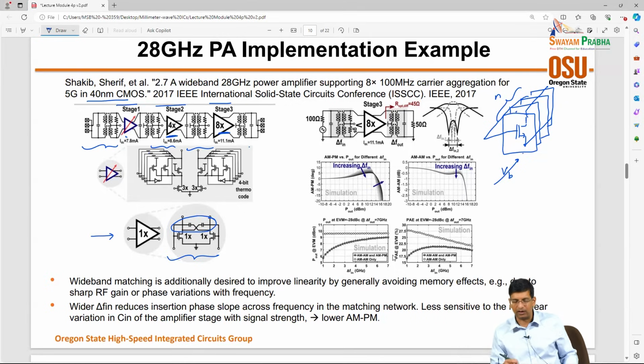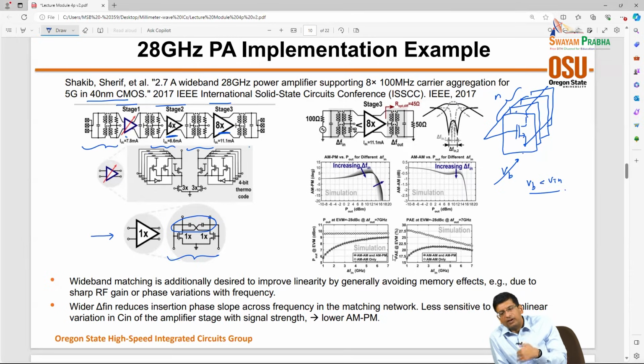But overall, in this paper, their observation was that if they biased it a little bit below threshold, I think it was like 100 millivolts to 150 millivolts below threshold, it was a good trade-off point between output power and efficiency, right. But if you still want to get a lot of output power when you're biasing so low, you need to array a number of devices together, right. So there are parasitics associated with that.